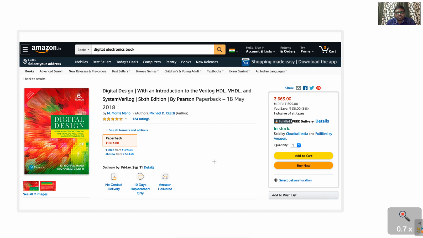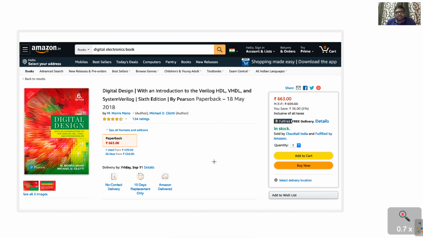For these two courses, this book is very helpful, because they provide concepts with Verilog and SystemVerilog coding.